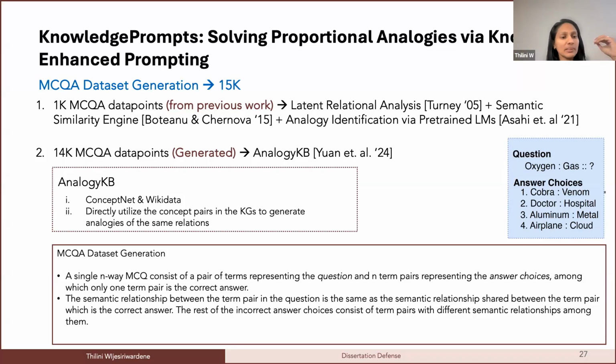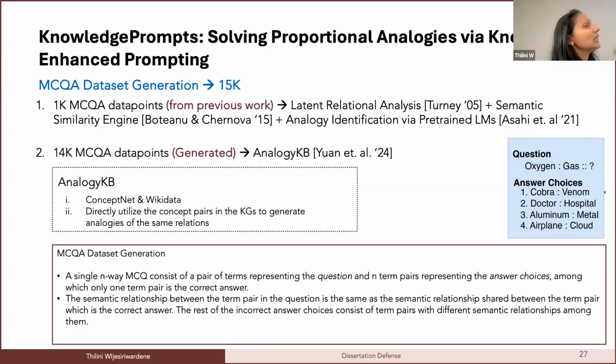This is how we created, very straightforwardly, the MCQA dataset. We have 3-way or 4-way answer choices for a question, right? So we create a pair of terms representing the question, and then there are n pairs representing the answer choices.